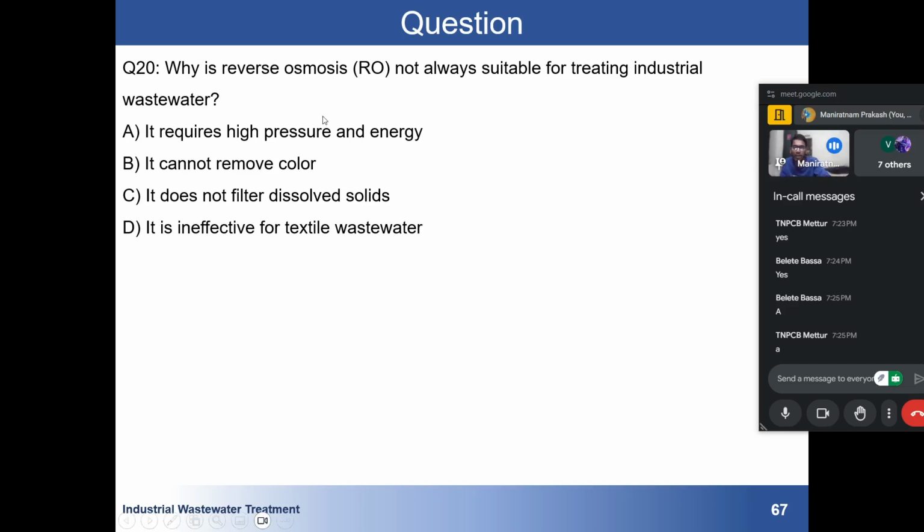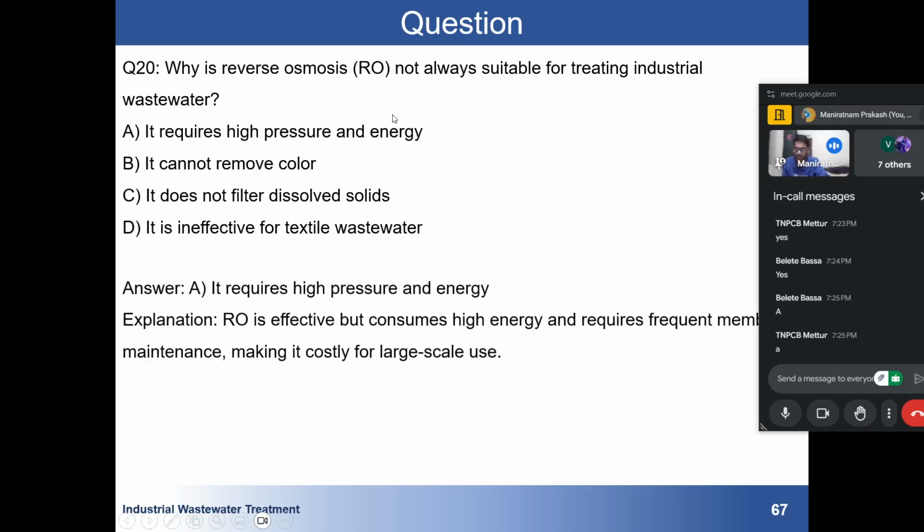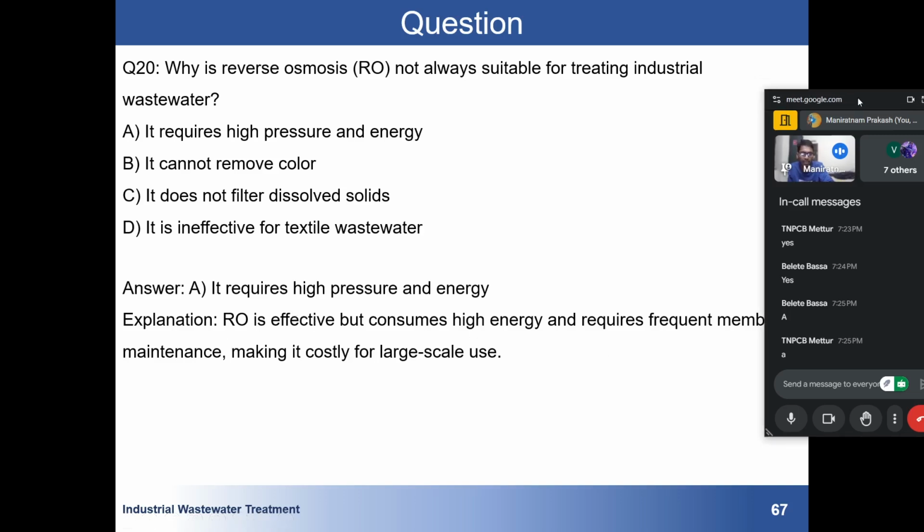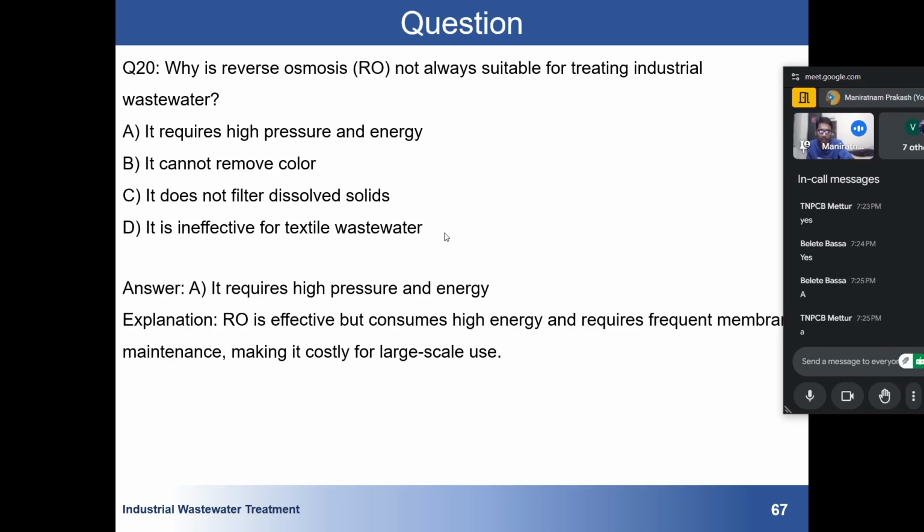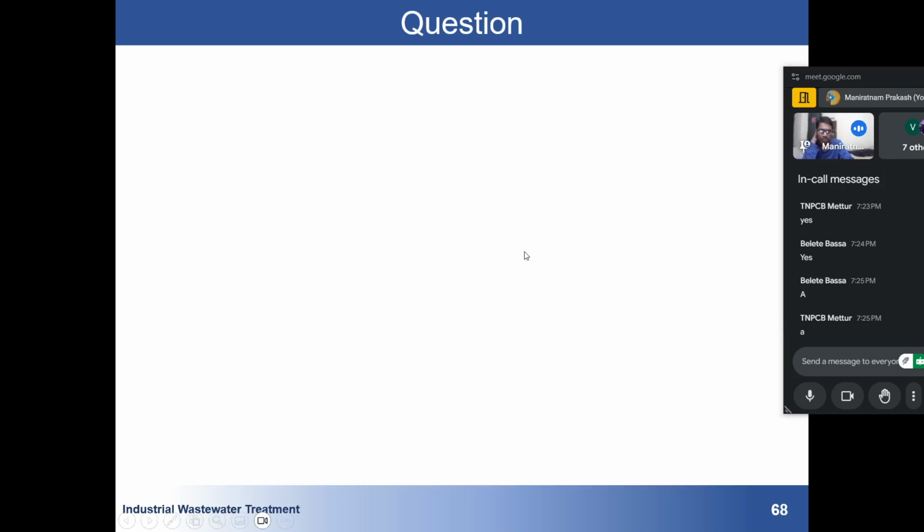A. It requires high pressure and energy. That's correct. Explanation: RO is effective but consumes high energy and requires frequent membrane maintenance, making it costly for large scale. Okay, so this thing we have already covered.